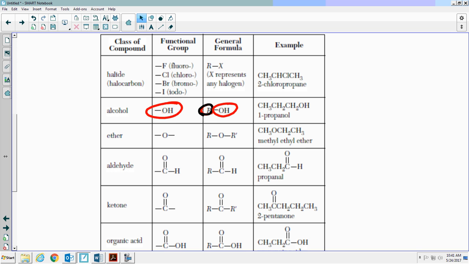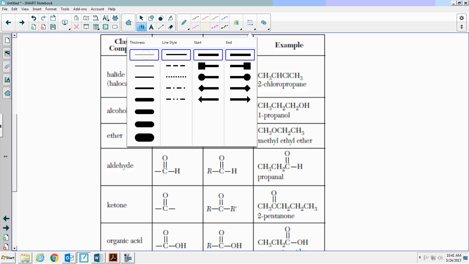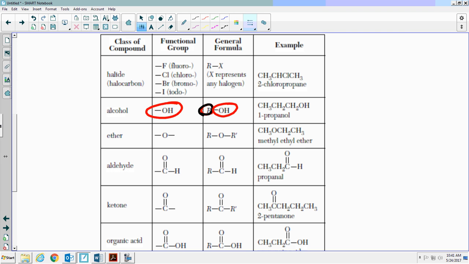The example that you have listed helps you figure out the name. The example has 3 carbons, and therefore we get the prefix prop.